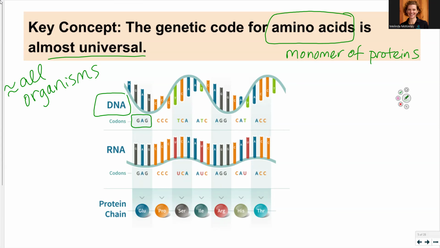It's going to be transcribed into a 3-letter sequence of RNA, and then that is going to be translated into amino acids. So this process is transcription, and this process from RNA to the protein chain is translation.